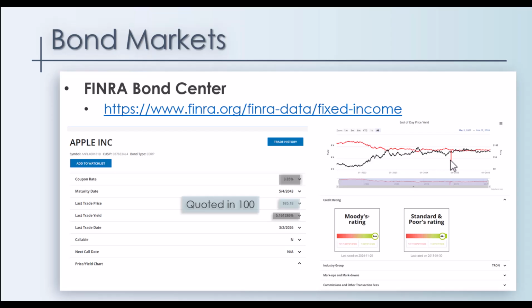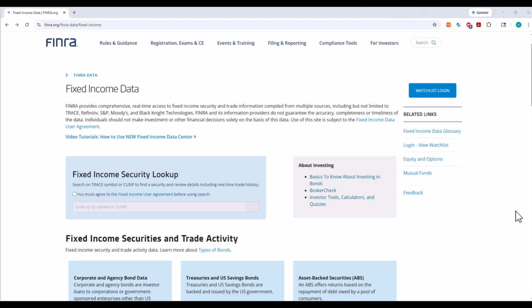And also, it shows the transaction history, the price history of the bond, as well as the credit rating. So you'll be able to find a lot of information that we learned in class about a particular bond that you are interested in. And if we go to this website, this is the page that you will see.